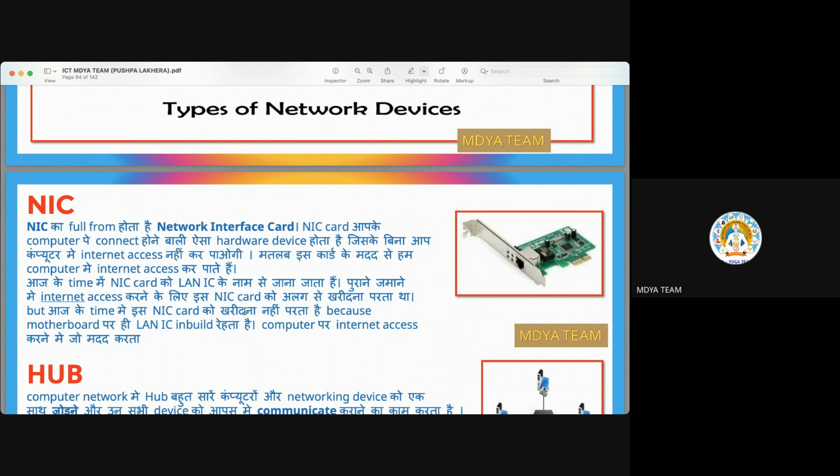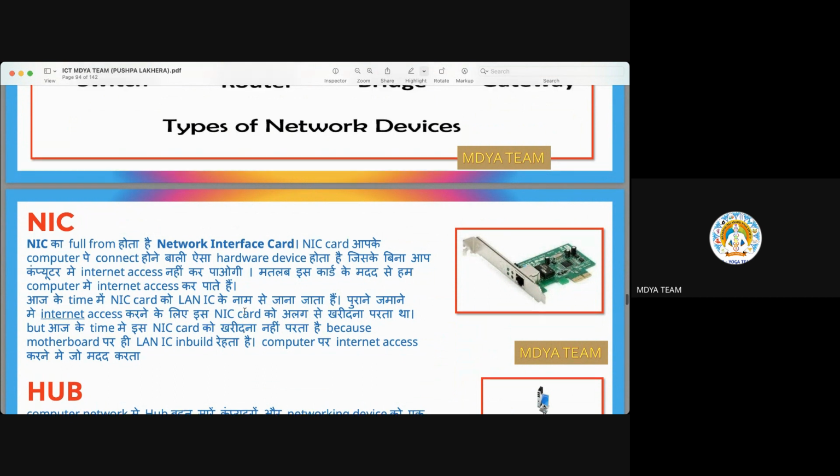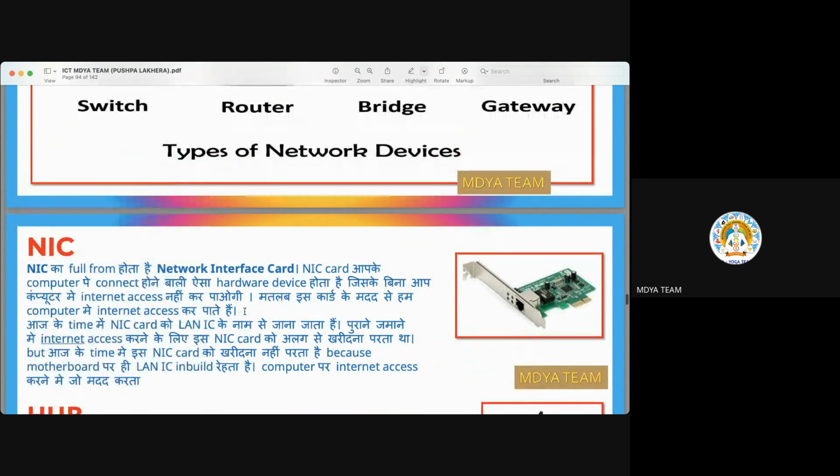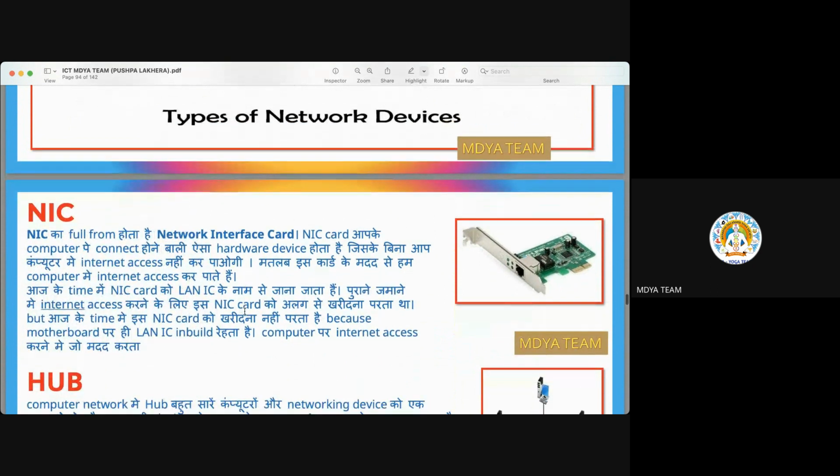The network interface card is used to access the network and the internet services. Earlier you had to purchase it and install it in the computer, but nowadays it is inbuilt in the motherboard of your computer system.